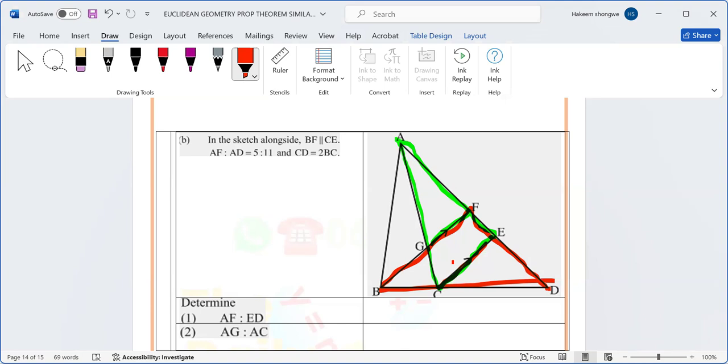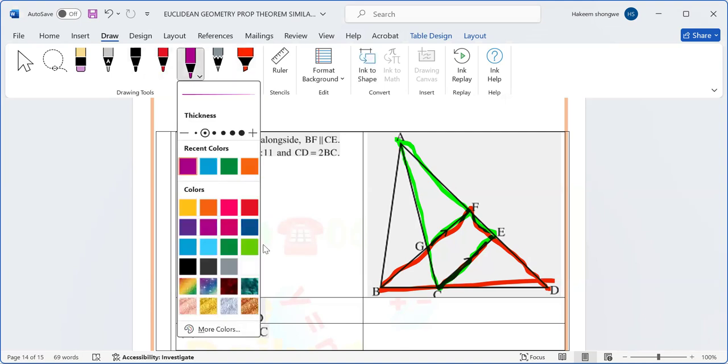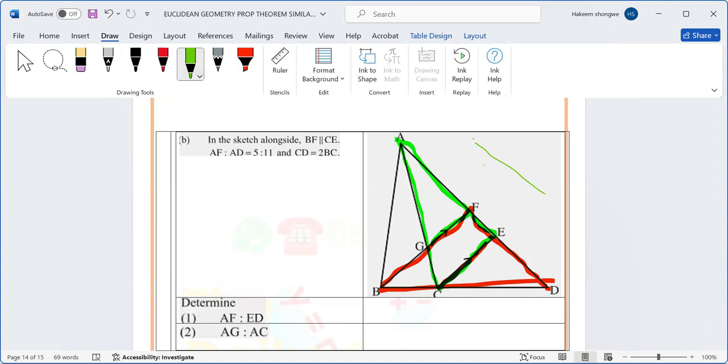Maybe in this case, we can separate them because they are not so clear. You can just put the red and green one here. It doesn't look like a triangle.